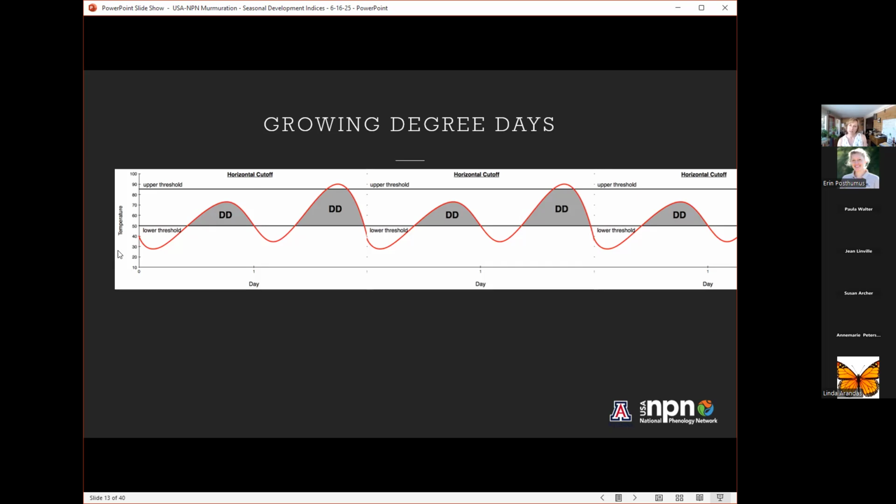In this case, this is in Fahrenheit, 50 Fahrenheit is a frequently used base temperature, where if your average daily temperature is not above 50 degrees, then that organism will just remain dormant. 32 Fahrenheit, or freezing, is another commonly used threshold. 32 is actually more common for species that are active earlier in the season, because when we're just coming out of winter, it's still cold.